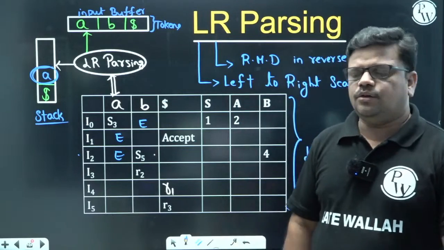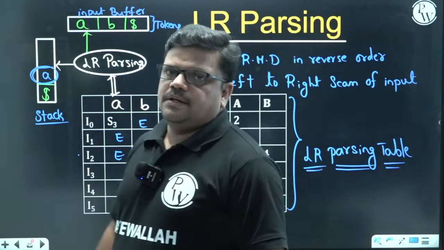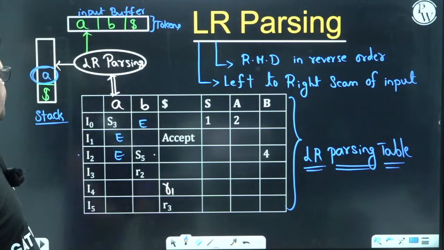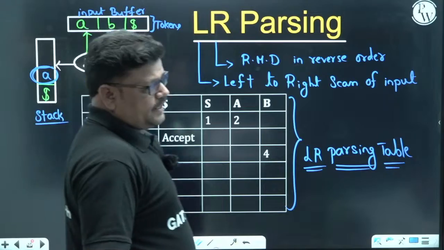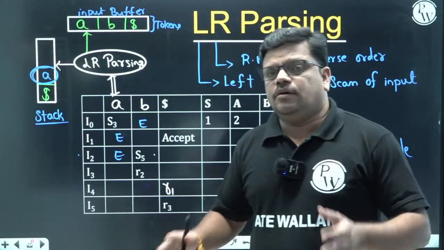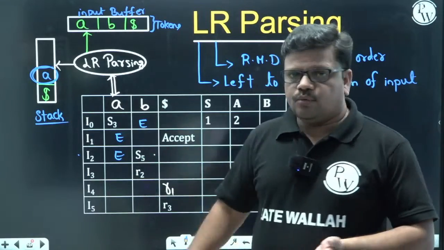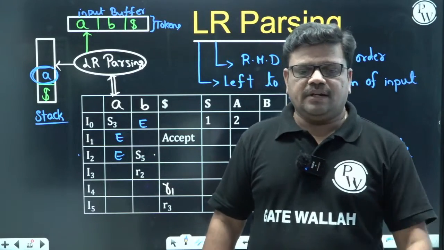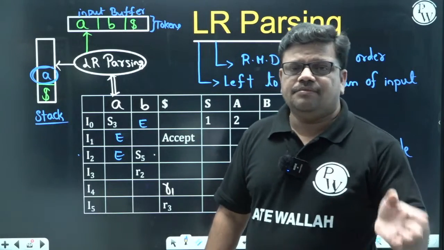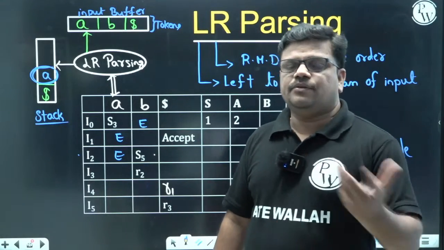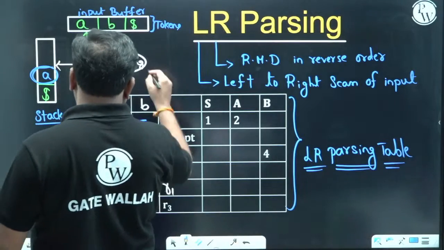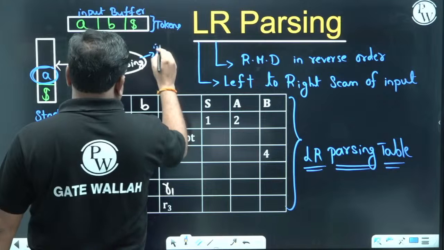That's why if you want to perform any LR parsing, we have to construct this table corresponding to the given grammar. We have to prepare and design this table. Once we design this table and attach it to the shift reduce parser, the shift reduce parser does the parsing, and it will say whether the syntax is valid or not. So the output will be that a valid input is parsed.